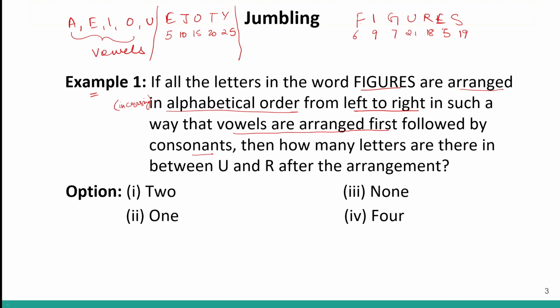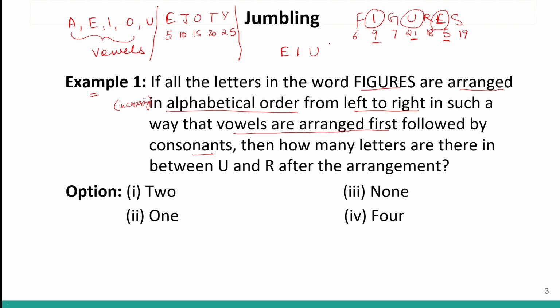Correct? Now, out of these, how many are vowels? I, E and U. These are vowels. So I have to arrange vowels first and then I have to arrange the consonants. So if I arrange vowels in alphabetical order, it will be E, I and then U. Then I have to arrange consonants.